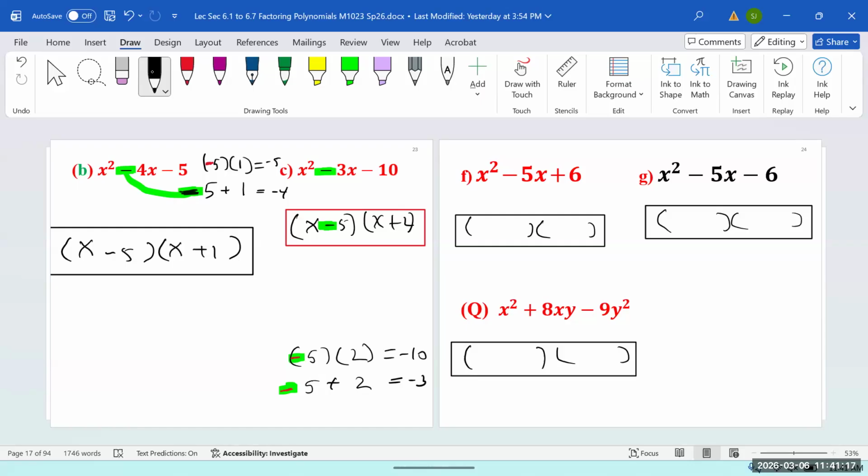In other words, what we do is we split our x squared into two pieces, and we split our constant into two pieces. So two pieces for x squared go here, and two pieces for the constant go here. That's what we do always.